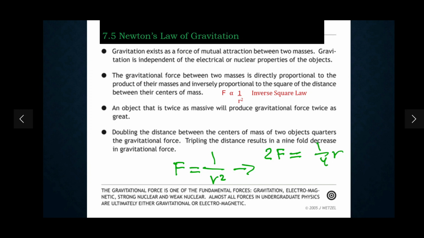Let's say r is increased by 3 times, then the force will decrease by 1 over 9. In other words, tripling the distance results in a 9-fold decrease in gravitational force. Let's move on.